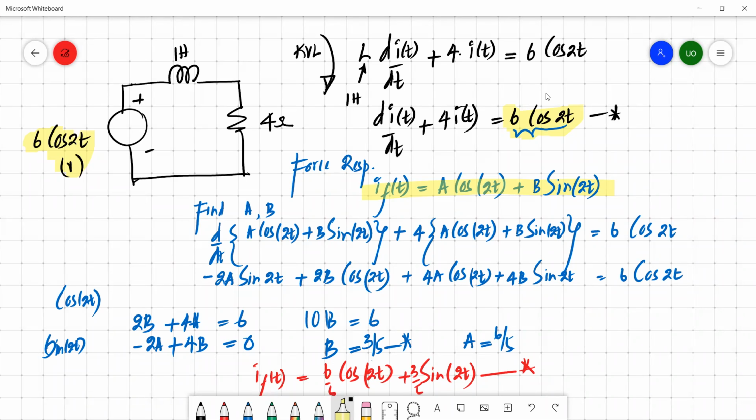Based on that, we can simply substitute and find the unknown coefficients A and B. Once you find A and B, we can easily find the ultimate force response of the circuit. So hope it's clear.